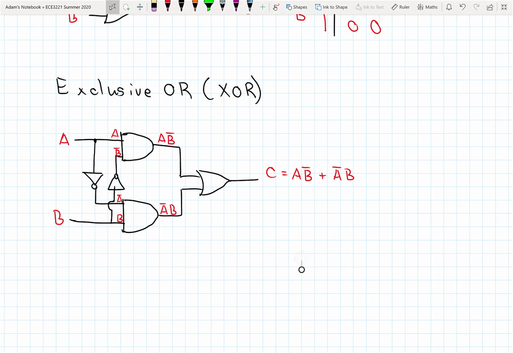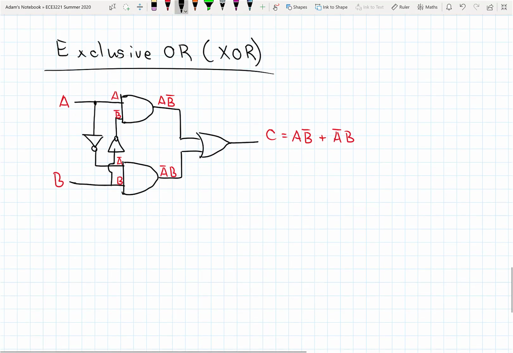And of course we don't usually draw all the individual gates. We typically show an XOR like this.